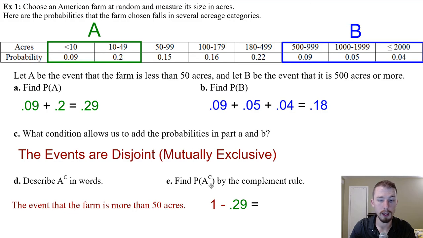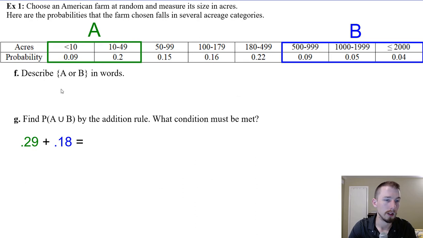Find the probability of a complement. Well, if the probability of A is 29%, then the probability of the complement is 1 minus that, which would give us 71%. All right, describe A or B. This is going to be the union of the two. So what's the probability that we have a farm that is less than 50 acres or more than 500 acres?